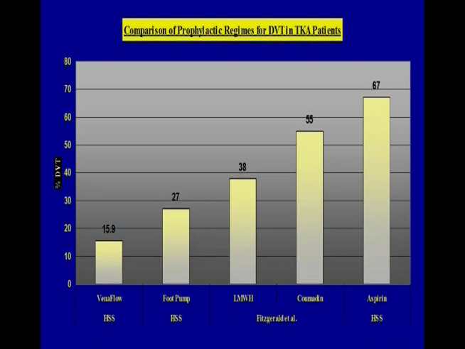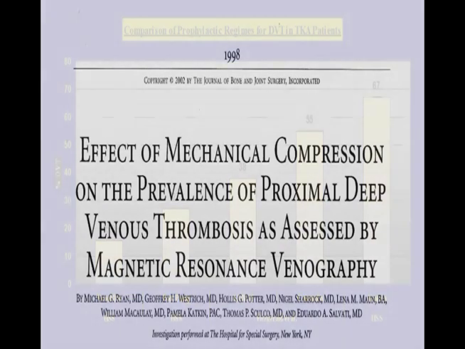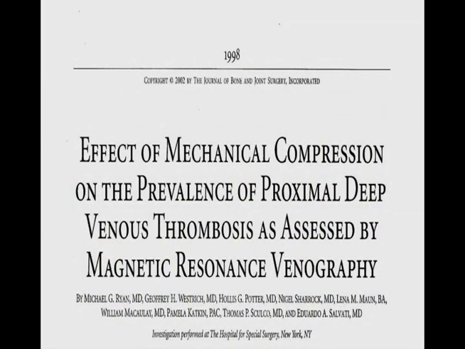I did a similar randomized prospective study looking at VenaFlow in total hip replacement patients, and we were using magnetic resonance venography to screen the pelvis for clots. We also were able to screen proximal clots in the leg.